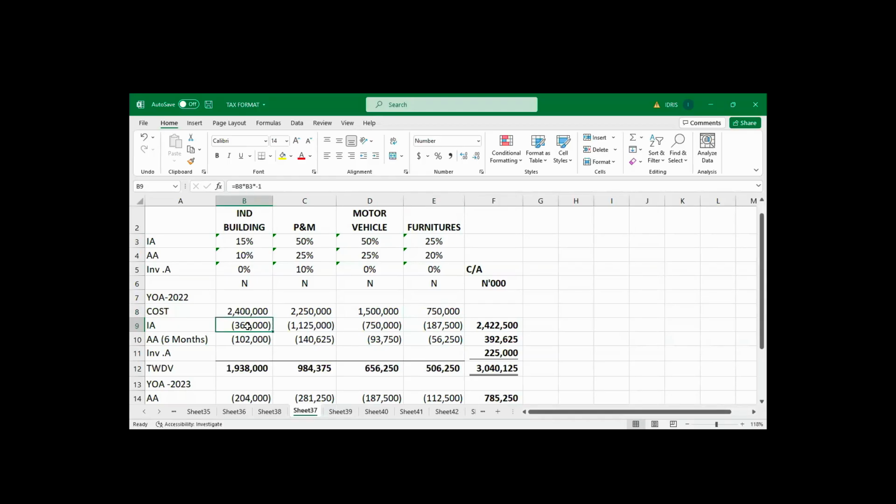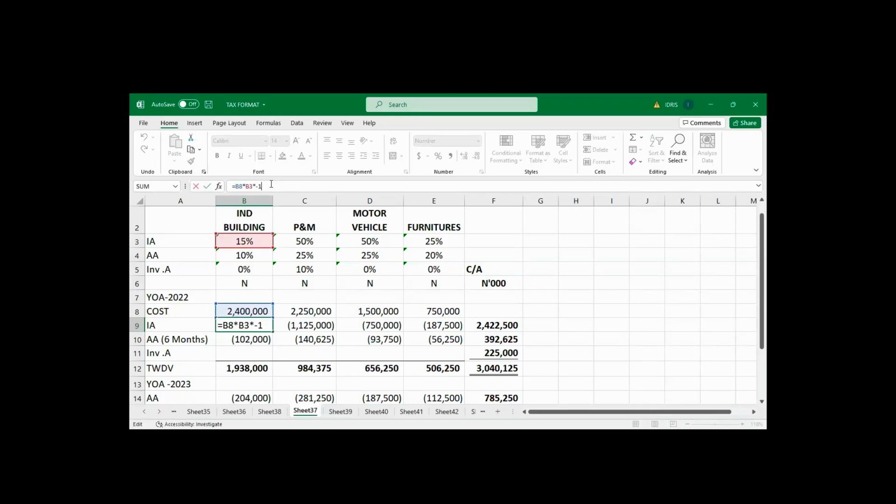How do we get the initial allowance for building? We know the rate of initial allowance for building. What is the rate? 15%. 15% of what?